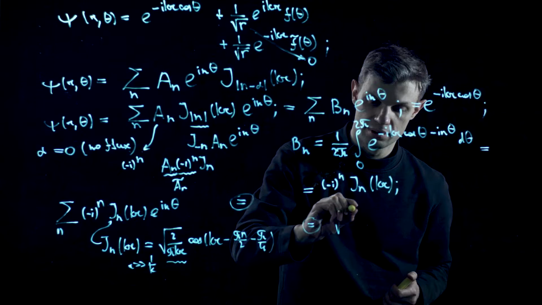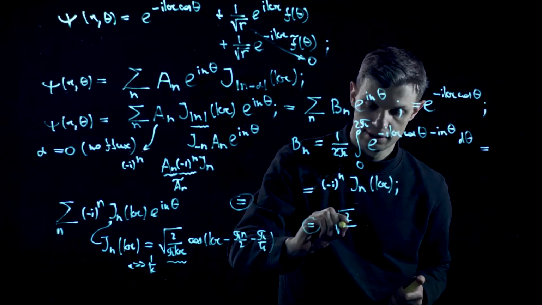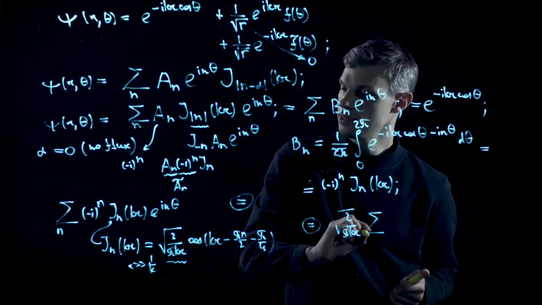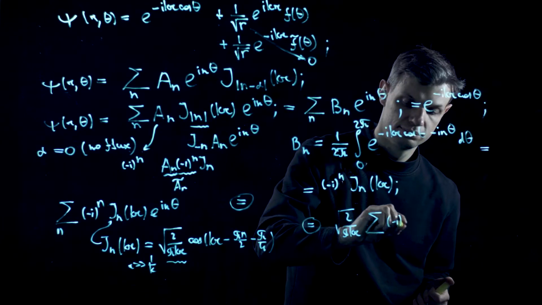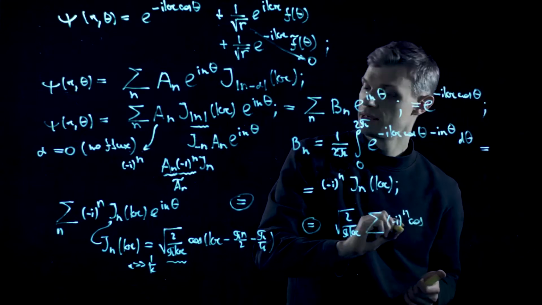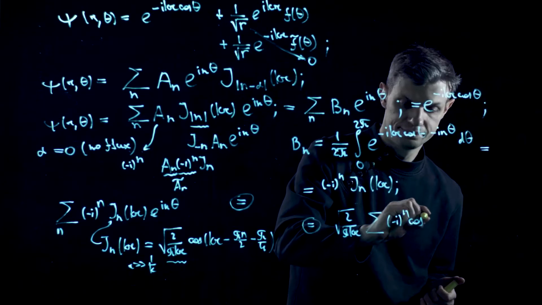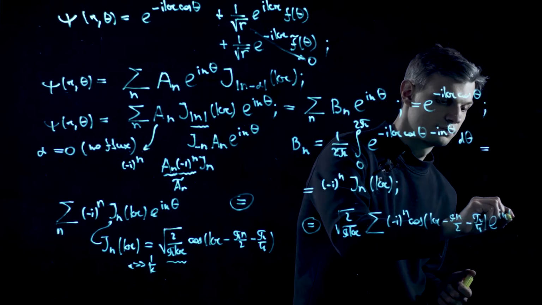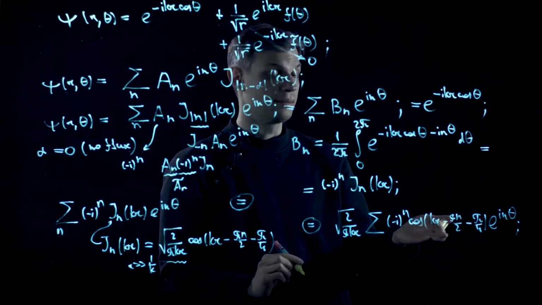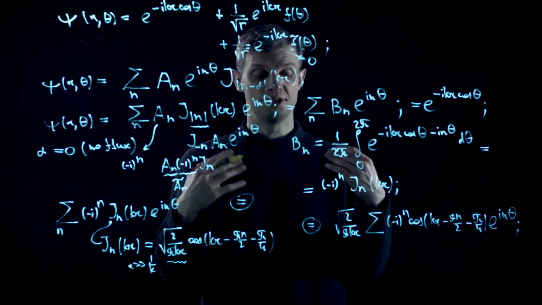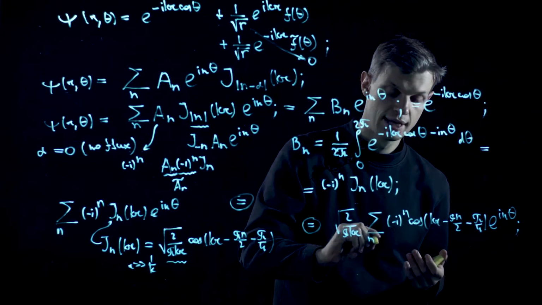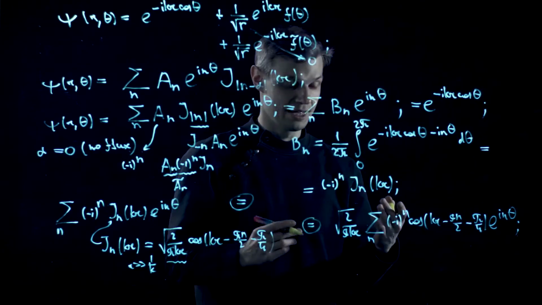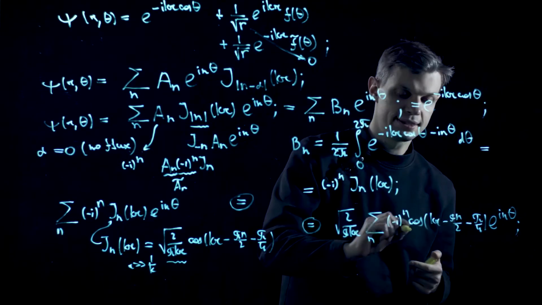It's the square root dependence, and the remaining sum is very simple. It's an elementary sum. In fact, it can be reduced to a simple geometric sequence. And you can prove very easily that this sum yields identically 0.